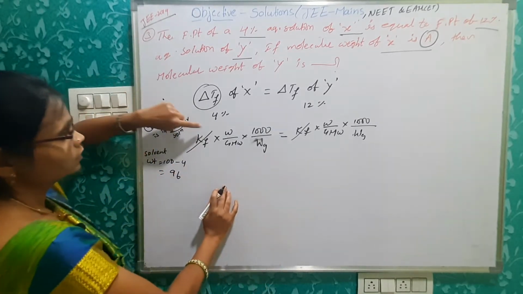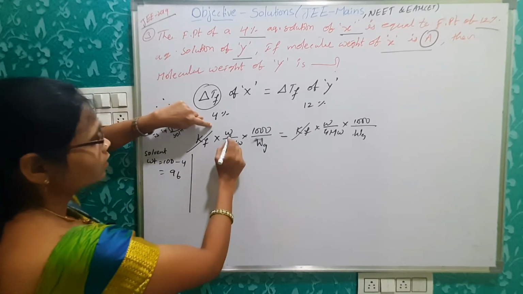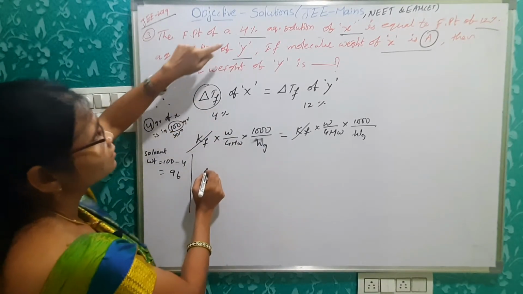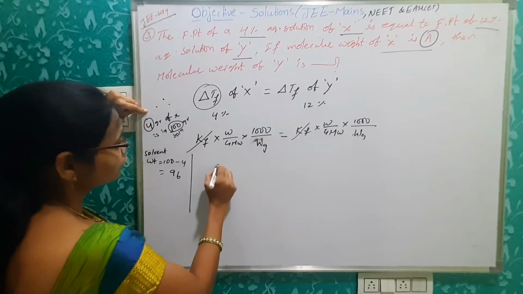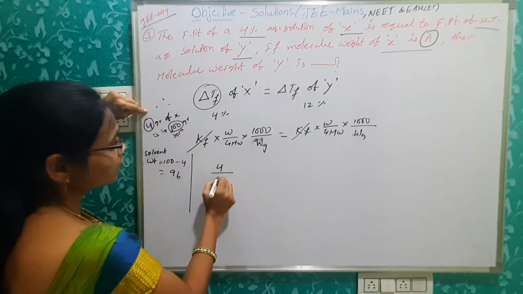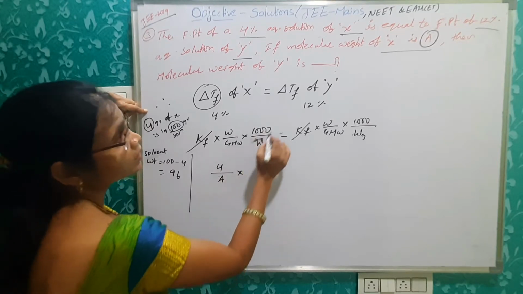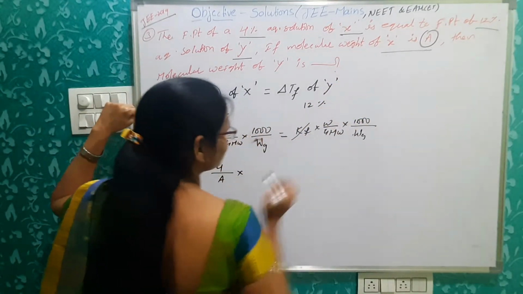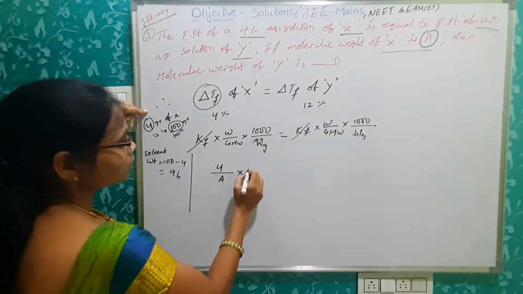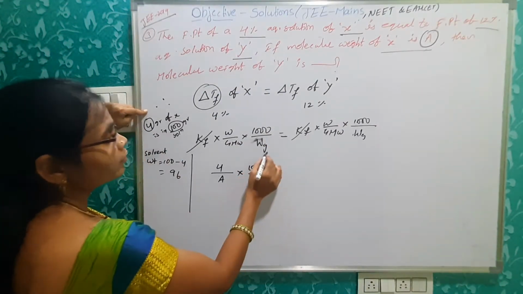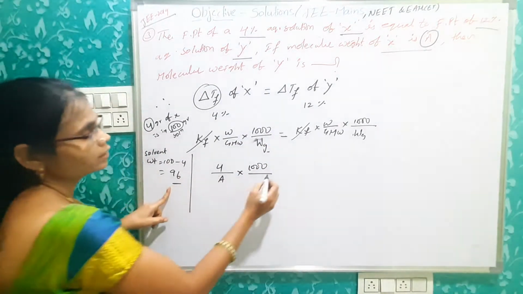Okay. So, simply here weight is given as 4 grams by gram molecular weight of X, which is A, into 1000 by weight of water, how much? 96.